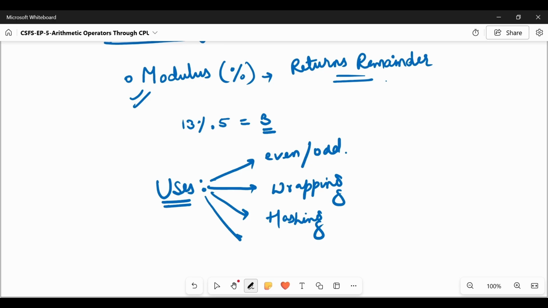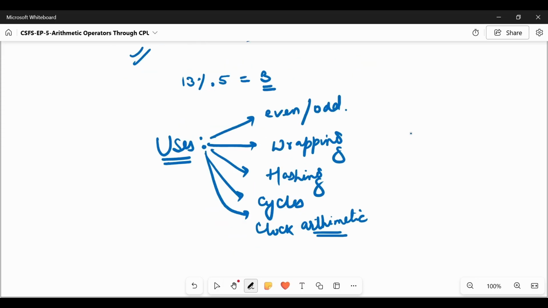For cycle checks, or we can say for any kind of clock arithmetic, like when x divided by 2 equals 0, we can say the value is even. So the modulus operator is frequently used inside our programming.